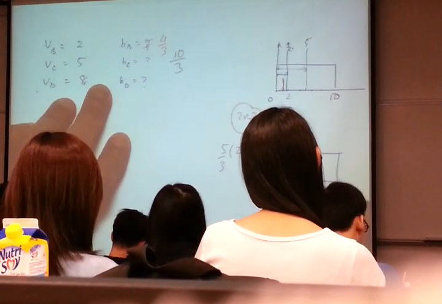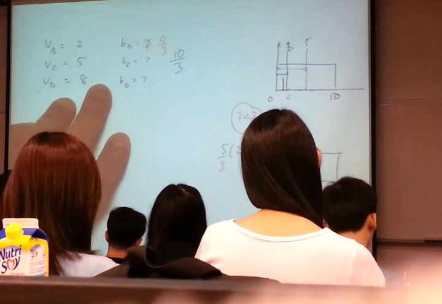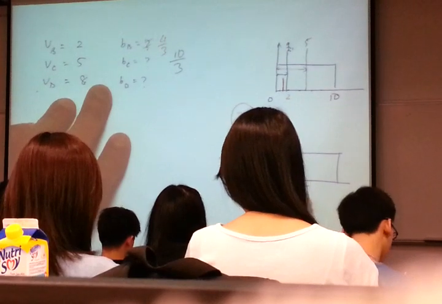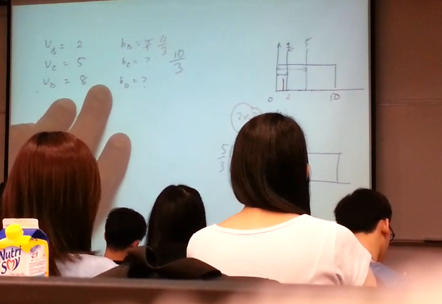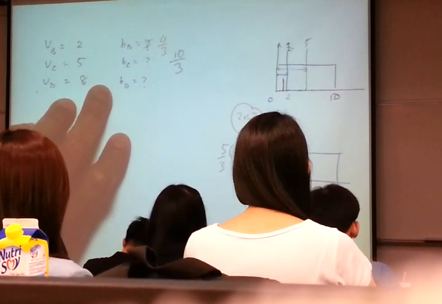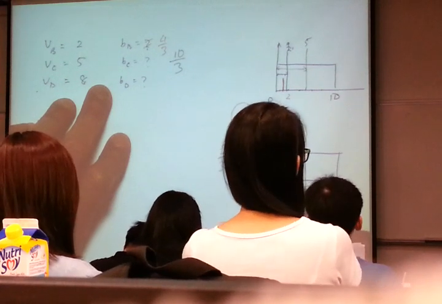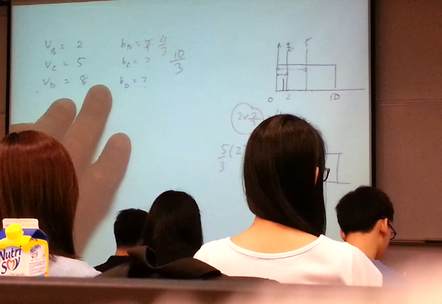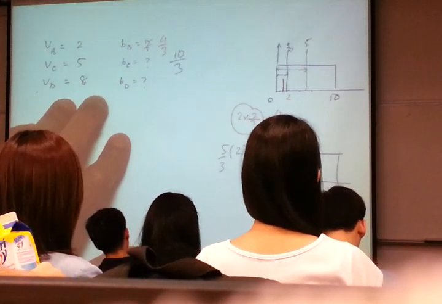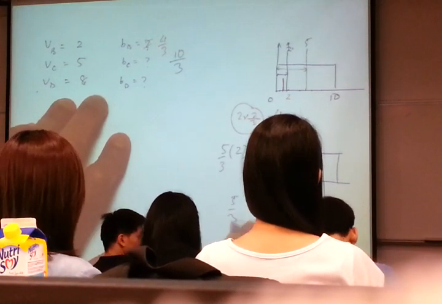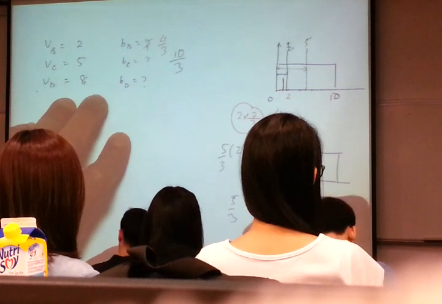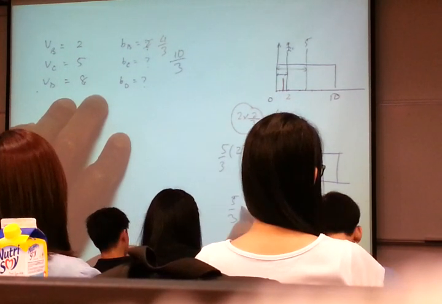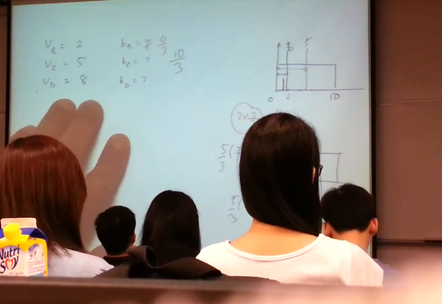On average, Ben will lie here and David will lie here, or the other way around. He doesn't know and doesn't care. He's just looking for the expected next highest valuation. Therefore, he has to break this line segment into 3 parts and choose the second part. 3 parts means each individual segment is 5 over 3. He is picking up the second part, 5 over 3 times 2, 10 over 3.